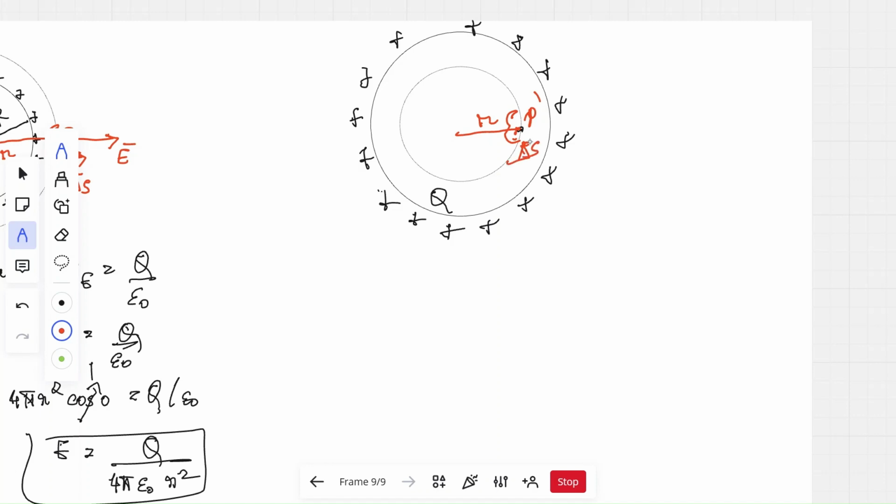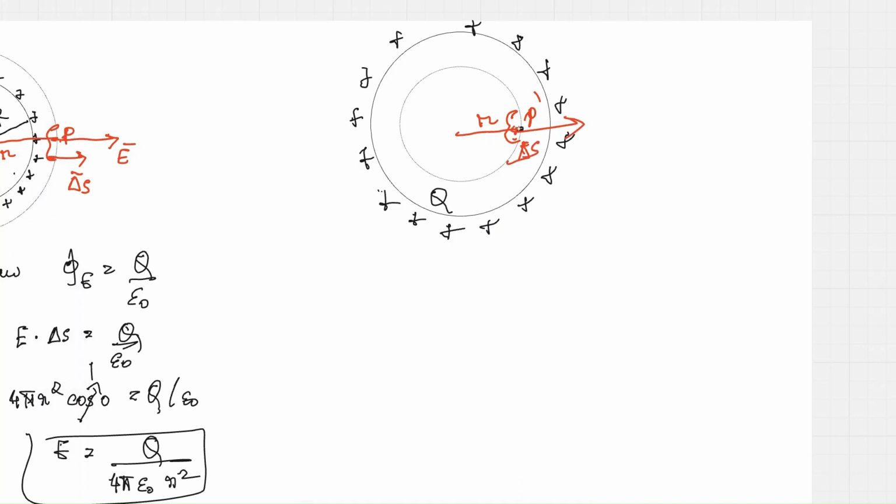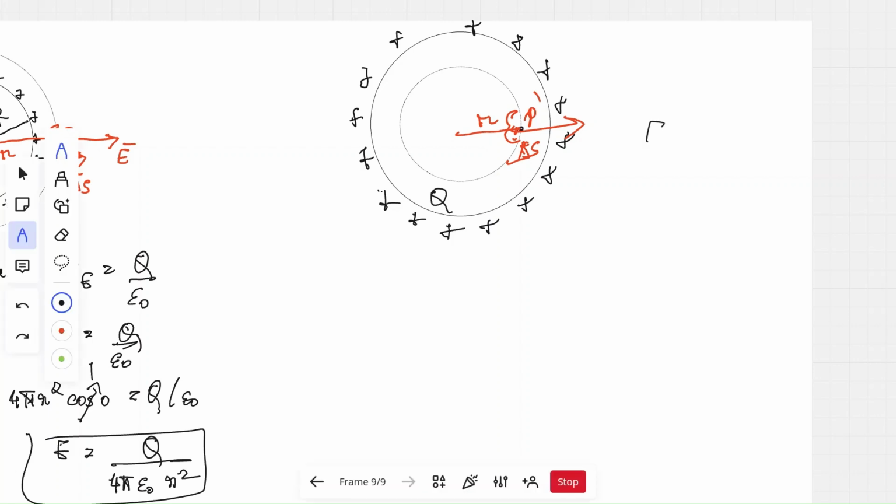Now what is the electric field? The electric field at an internal point of the shell is 0. Applying the Gauss law, the flux is equal to Q by epsilon naught.